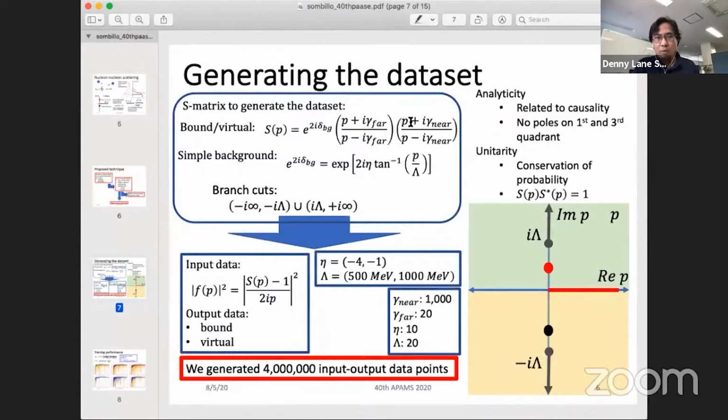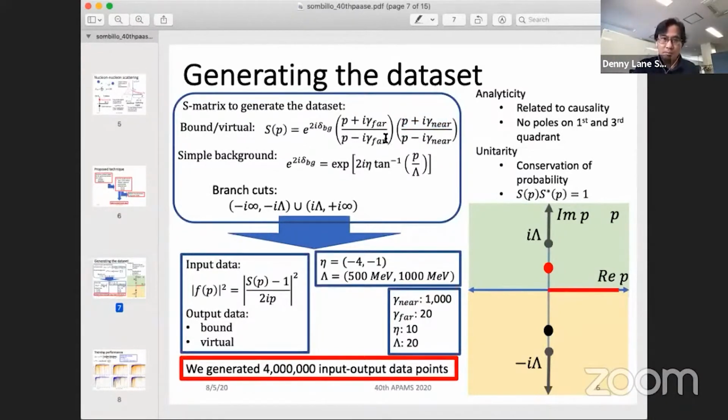So this is our proposed S matrix model to train the neural network. The relevant pole that is responsible for producing a bound state pole or virtual state pole is summarized in this factor, P minus i gamma near. Gamma near here will be the red dot that can be adjusted or chosen near the threshold in the momentum plane. Because of unitarity, you can already tell what numerator you should put, because you have to satisfy this unitarity.